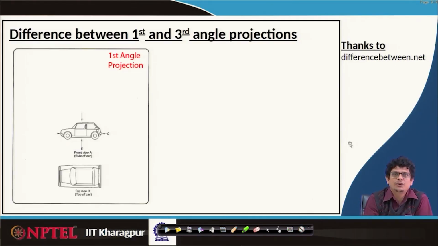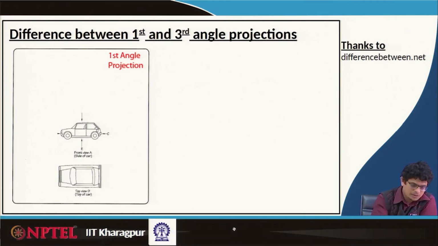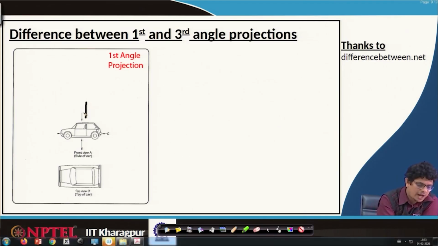So, let us first of all look at the top view of a car. From this direction, we have to observe the top view of the car. That means we can't straight away see any wheels, or the inside parts. What we will see is the top portion of the car, of that shape.